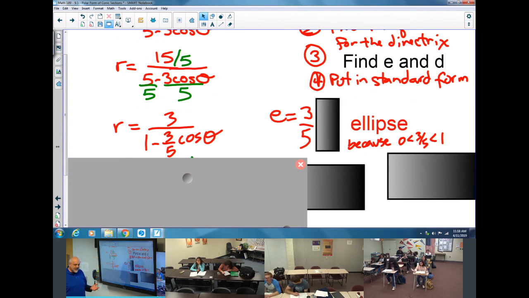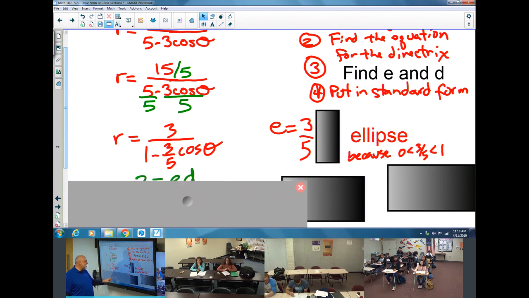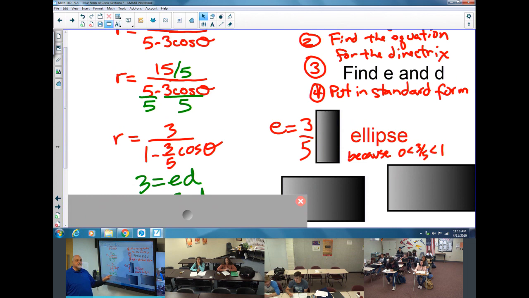To find D? Now, usually you can just look at it and find E. All right, now to find D, because we've used that to find the equation of the directrix. So to find D, what we do is we use the top, once we've put it in standard form, and say 3 is equal to E times D. Because the numerator is ed, E times D. So ed is equal to 3.